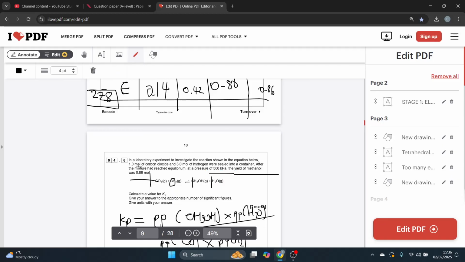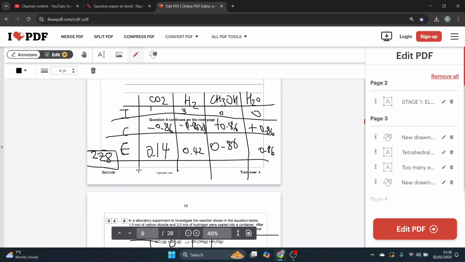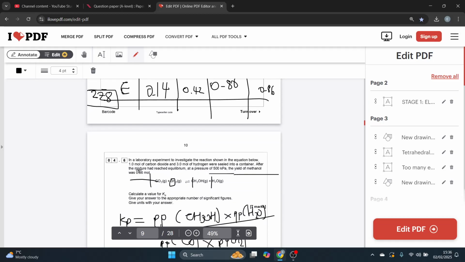So find out the mole fractions. Mole fraction of methanol: 0.86 divided by 2.28. It can't be 22.8, it must be 2.28, times by the total pressure 500.